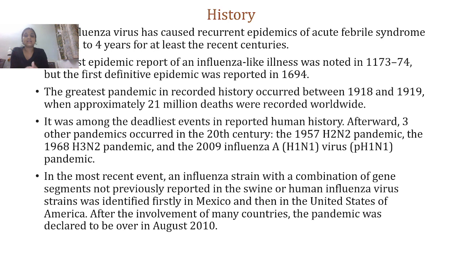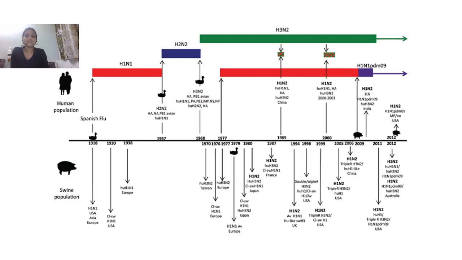So maybe 10 to 15 years ago, another influenza strain pandemic was declared, not in the whole world, but especially in Mexico and the United States, which obviously had pandemic potential, but it was declared over in 2010. So here you can see the history of this influenza virus.